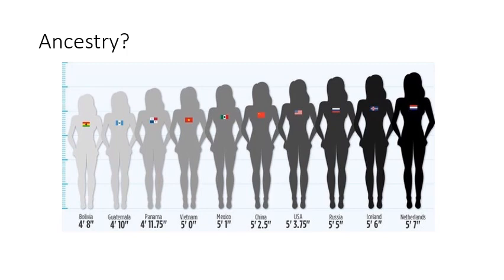So here we're looking at a number of different heights, individuals represented by flags. For example, Bolivia, the average height currently is about 4 feet 8 inches, and in the Netherlands, we're looking at the average height of women being 5 feet 7 inches, and a number of individual averages in between based upon country of origin.